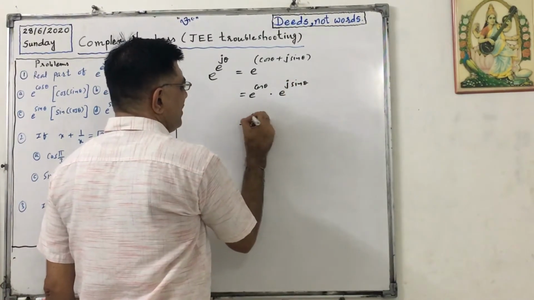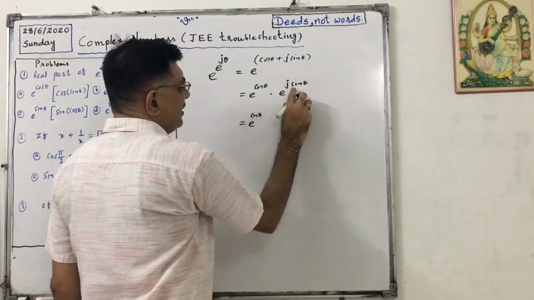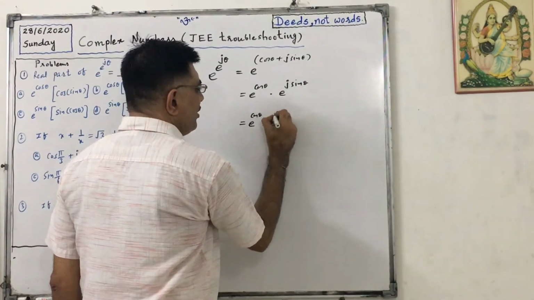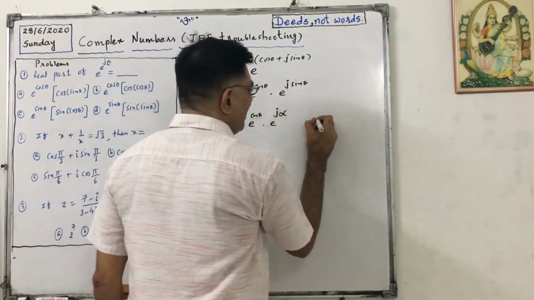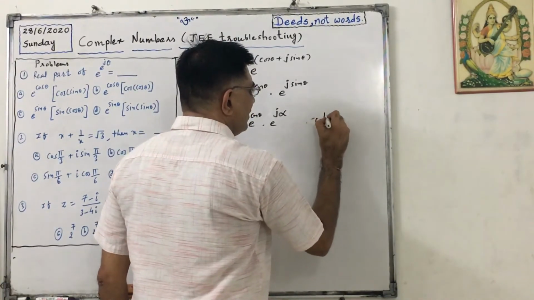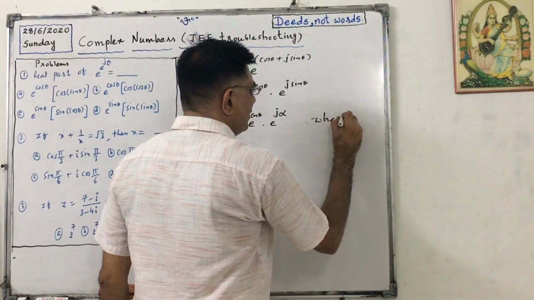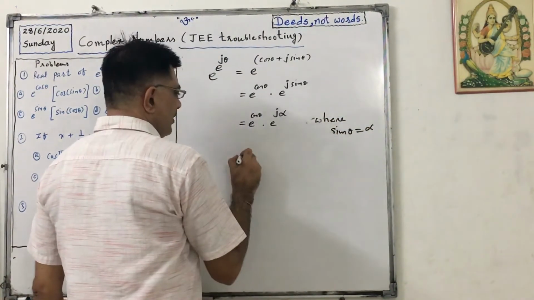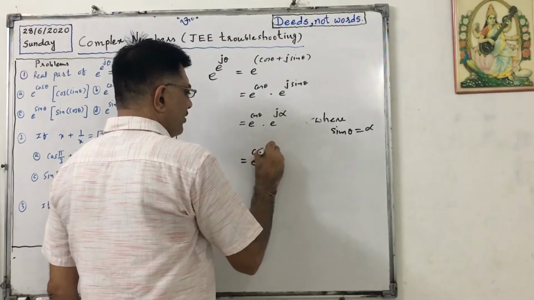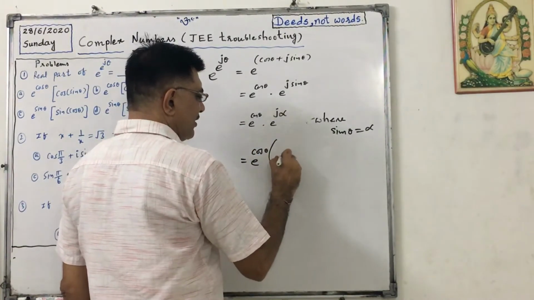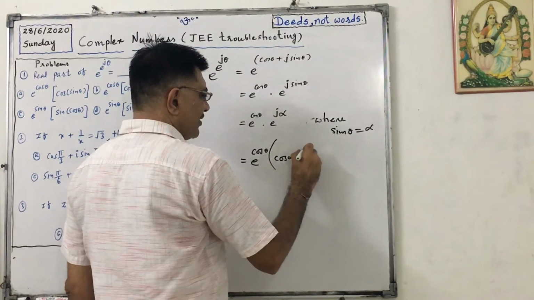So now this is e raised to cos theta. Now this sin theta, suppose it is alpha for us, so into e raised to j alpha, where I have considered sin theta as alpha. Now e raised to j alpha can be written as cos alpha plus j sin alpha.